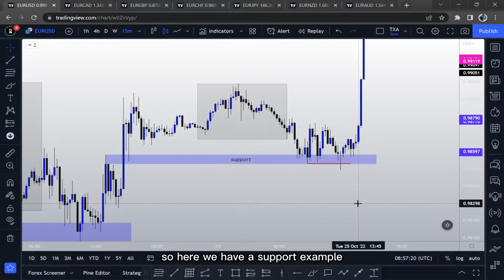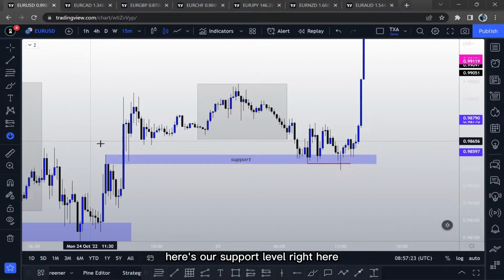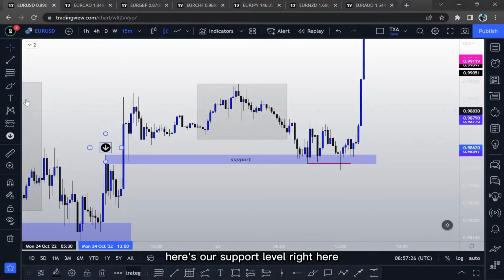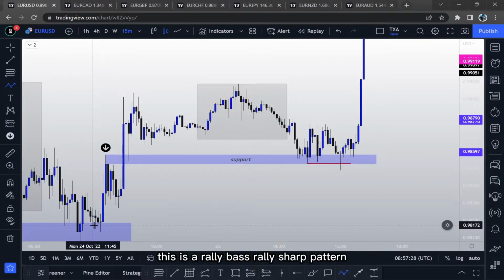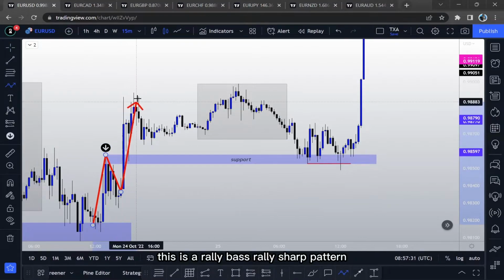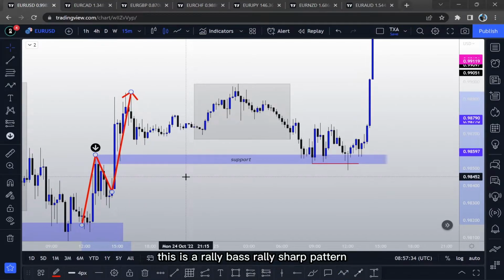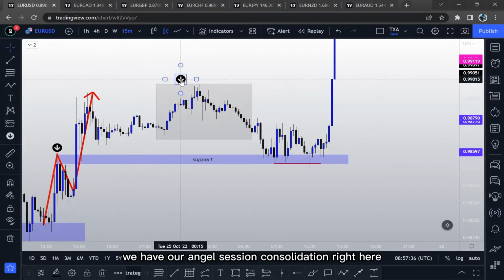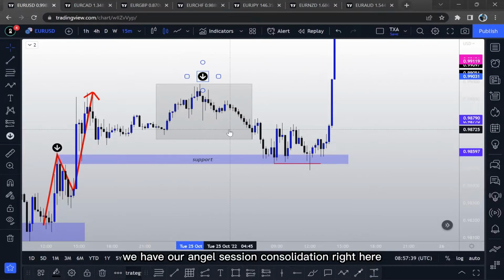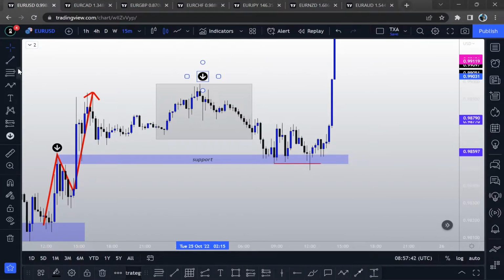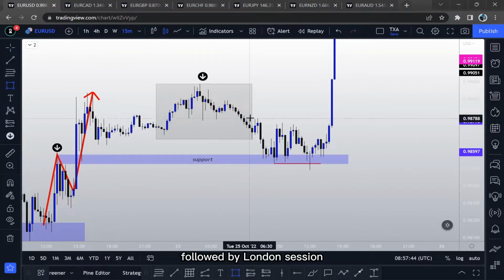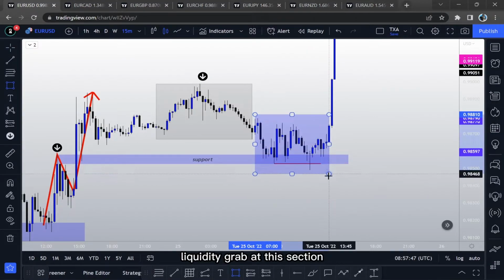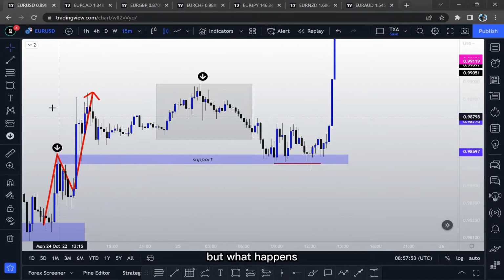So here we have a support example. Here's our support level right here. This is a rally, base, rally, sharp pattern. We have our Asia session consolidation right here, followed by London session liquidity grab at this section. But what happens?